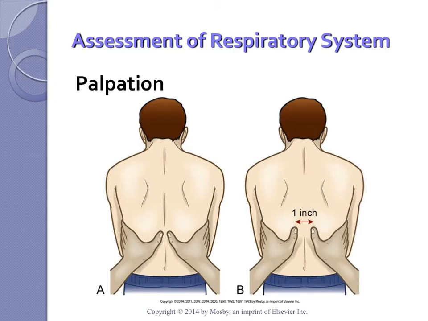The other thing that you can do is you're listening for a vibration. It's called fremitus. Fremitus is the vibration of the chest wall produced by vocalization. So if I place the palmar surface of my hands with my fingers hyperextended against the patient's chest, just as you would be doing in this picture, you're going to ask the patient to repeat a phrase, and typically what they have them repeat is 99, 99, 99.